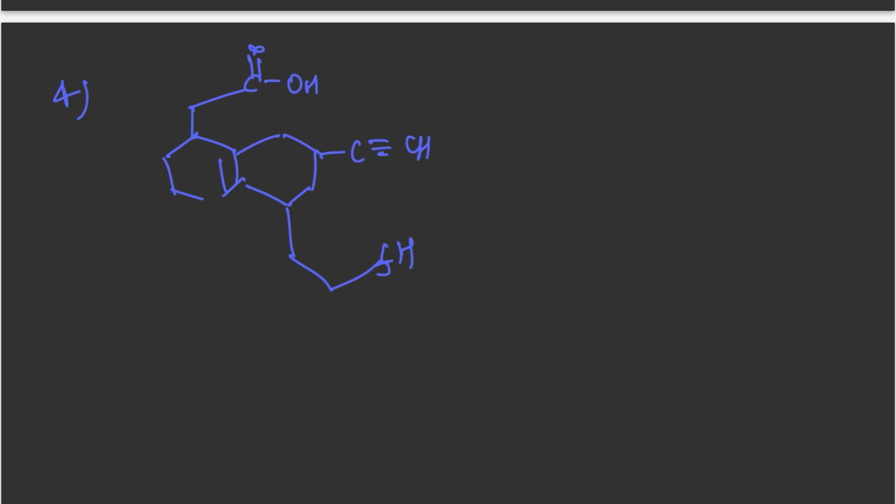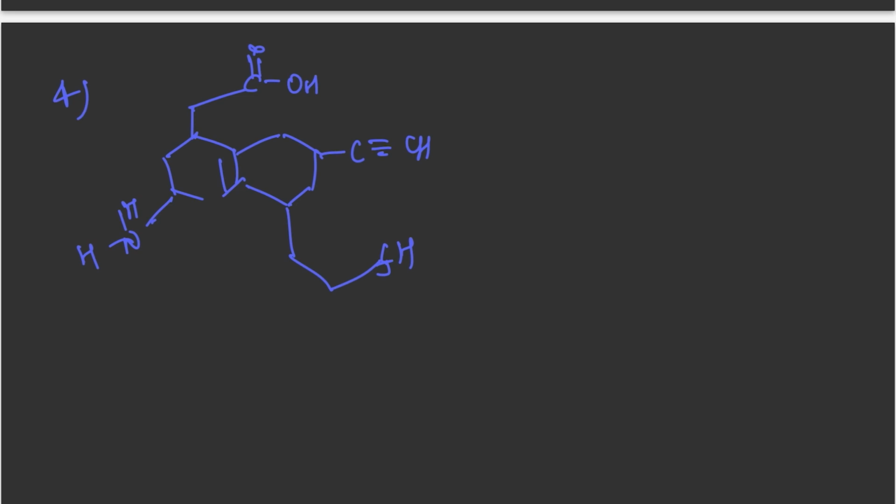Fourth. Now here how many moles of Grignard reagent do we need? 1, 2, 3.